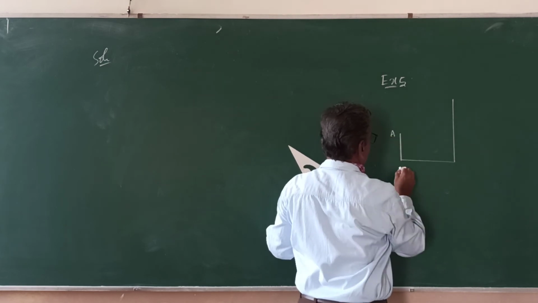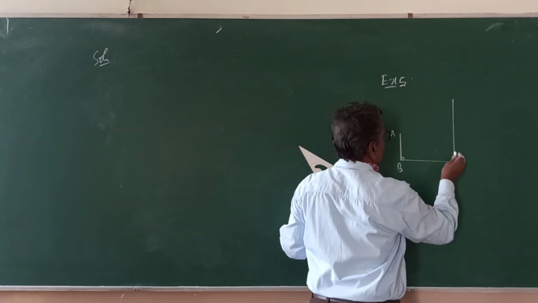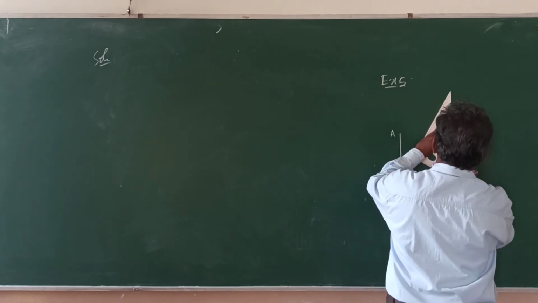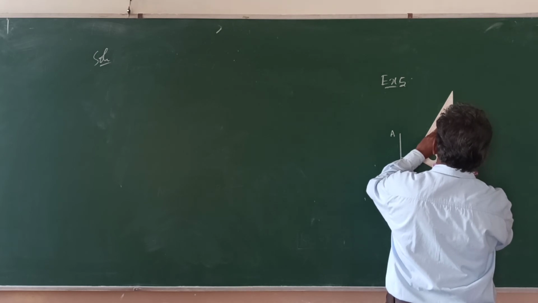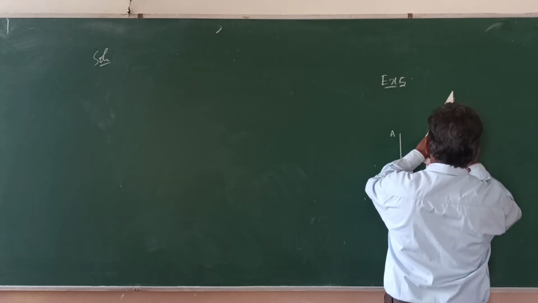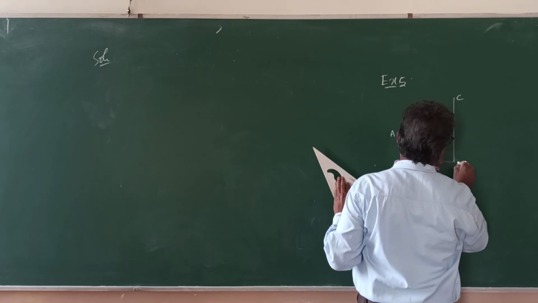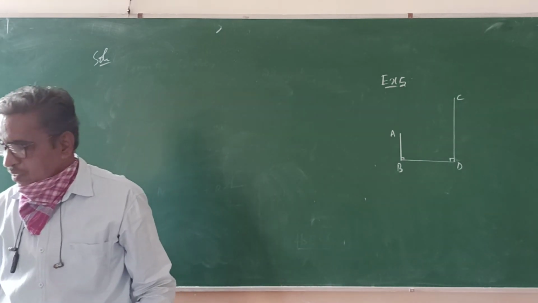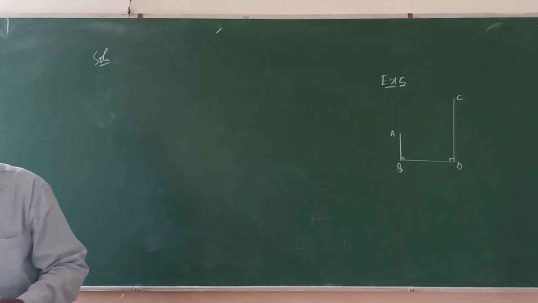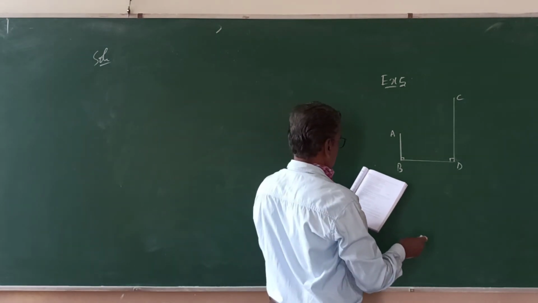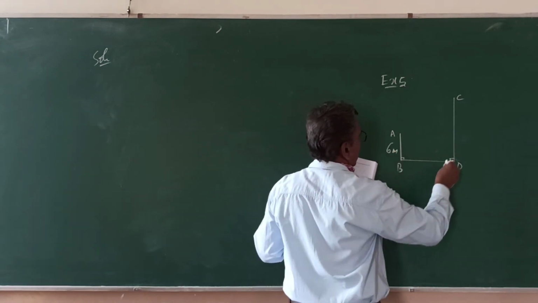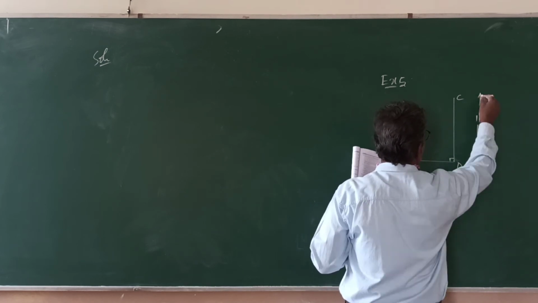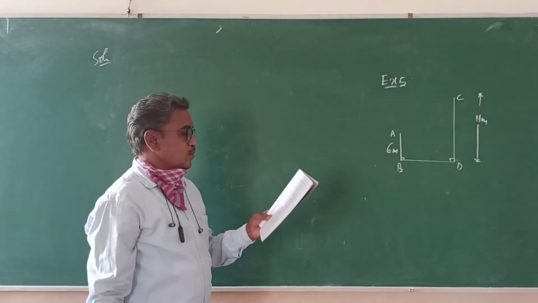Yes, AB is one pole, CD is another pole, which are standing on the ground, so they must be perpendicular. One is 6 meter and another one is 11 meter, standing on a plain ground.